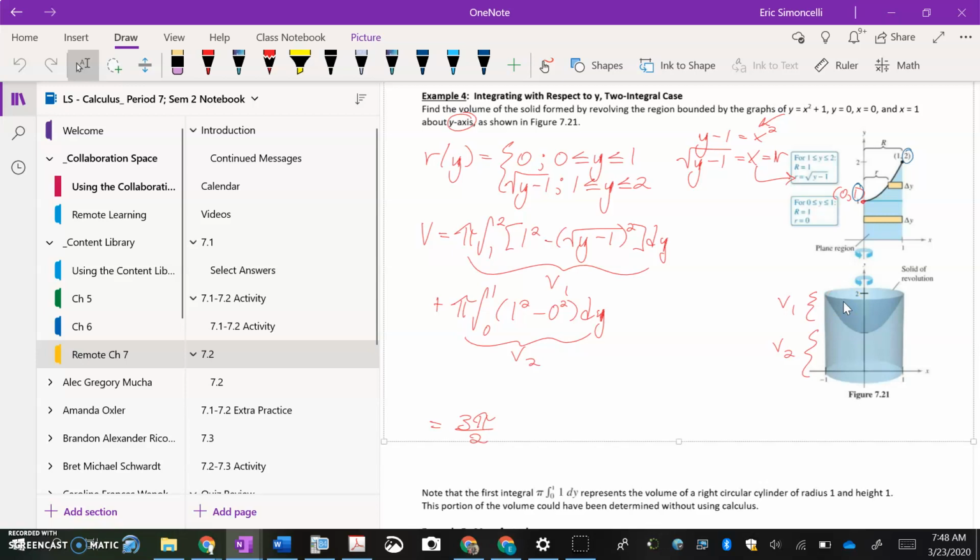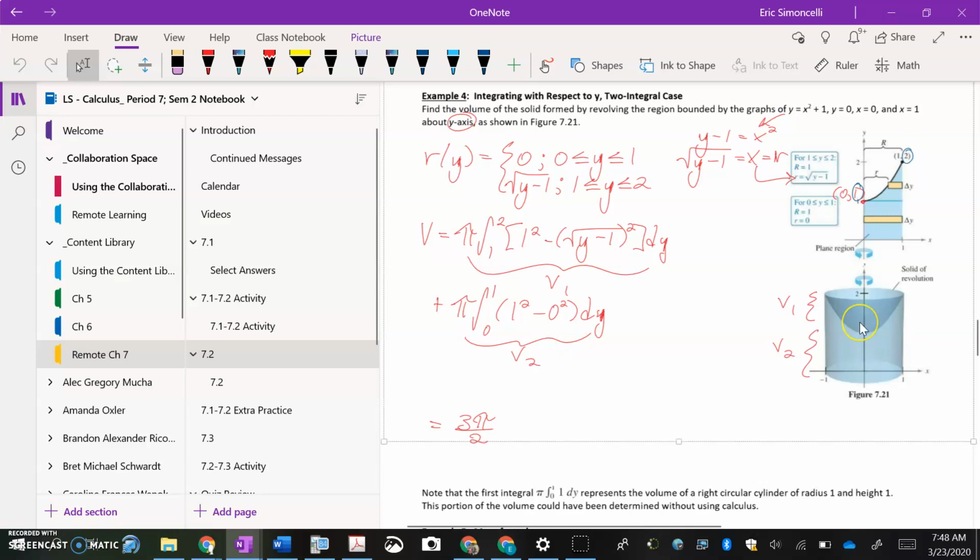I broke it up into two different integrals because up above, what we're looking at technically are two different bounded areas, one of which has a delta y that we took a look at via our analysis in this little piecewise function we set up, and also this little area below with a different delta y. I do have a v sub 1 and a v sub 2.